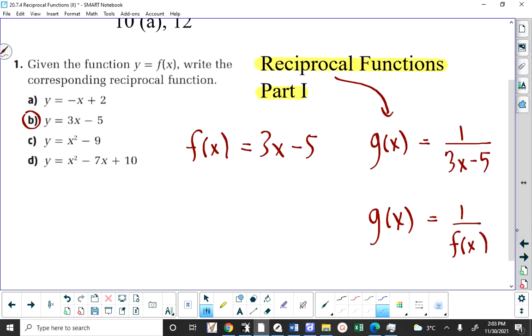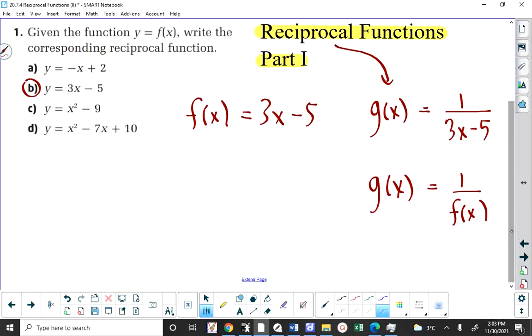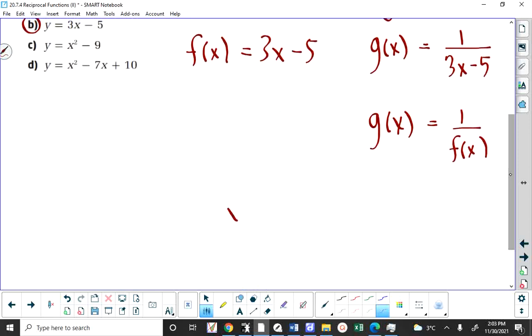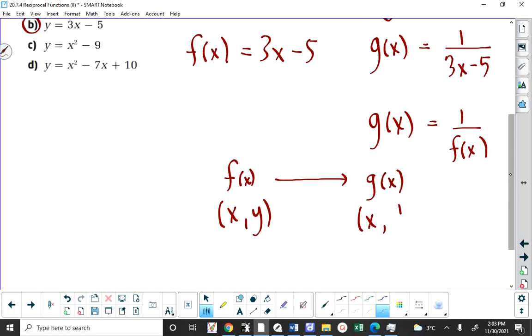So what we're doing is we're going from y equals a function to y equals the reciprocal of that function. And what we learned yesterday, the culmination of what we learned, was that on the original function, when you have a point, it turns into, on the new function, this point.